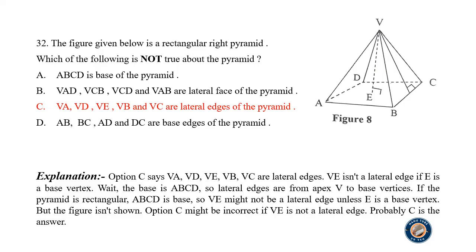If the pyramid is rectangular, ABCD is base, so VE might not be a lateral edge unless E is a base vertex. But the figure isn't shown. Probably C is the answer. You can refer for further on this exercise.